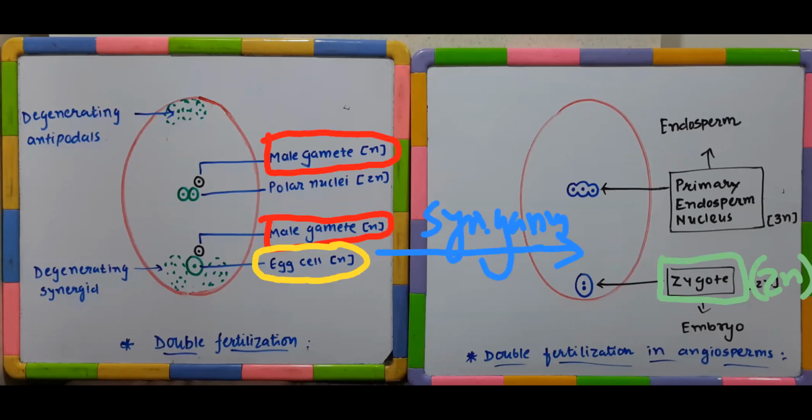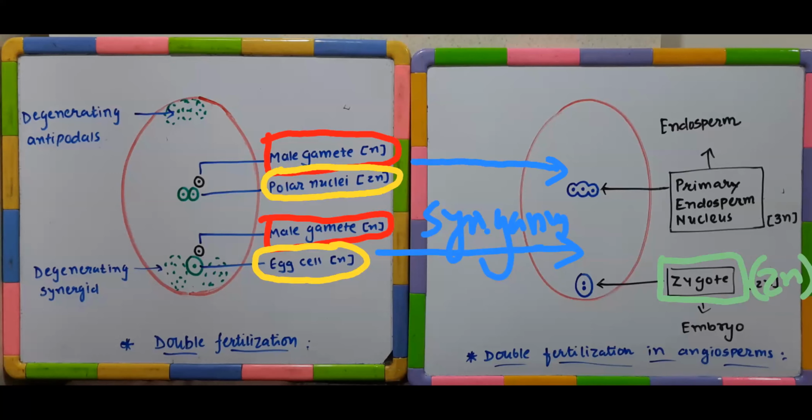On the other hand, another male gamete, a haploid male gamete, moves towards the central region of the embryo sac, where the two polar nuclei are lying within the central cell. They also get fertilized by the male gamete.